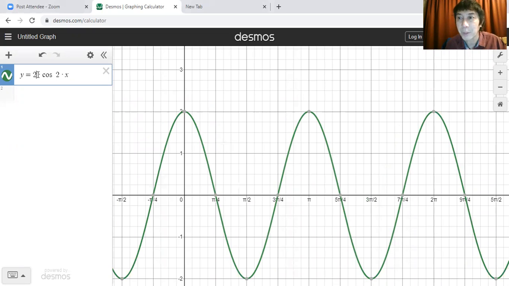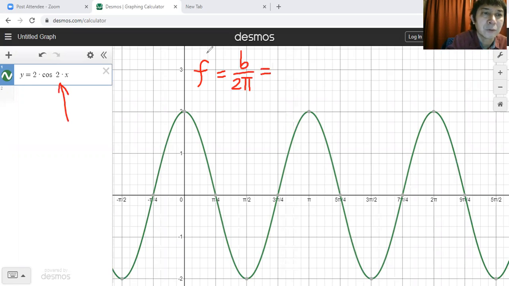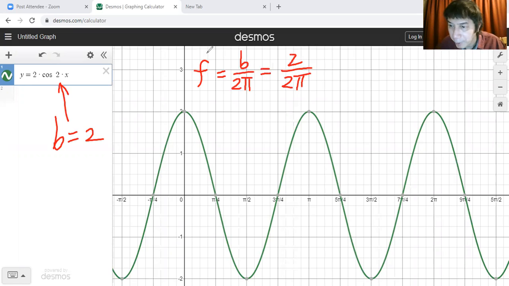Where is this 2 per 2 pi? Our formula is the same: it's the number b divided by 2 pi. This time b equals 2. So this is our frequency, which means 2 for every 2 pi. Where's our 2 pi? It's right here.